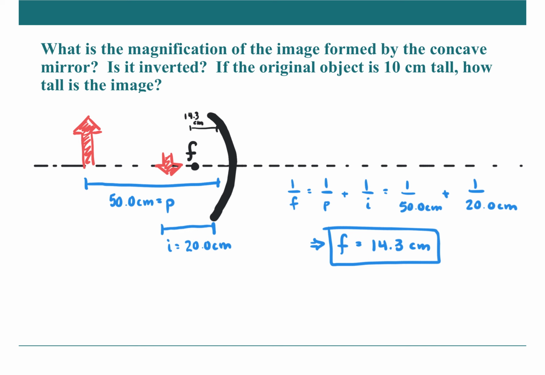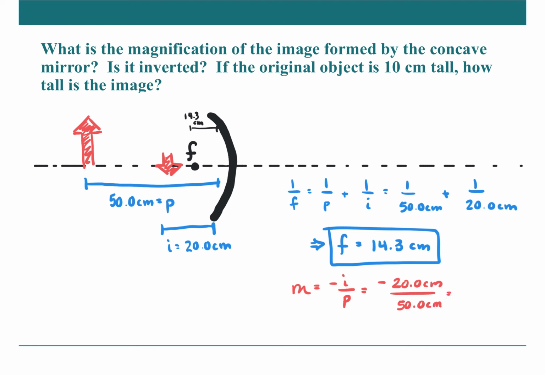From our previous work, we know an image distance and an object distance, and we know that magnification can be determined from the ratio of negative I to P, which means we divide negative 20 by 50 centimeters.